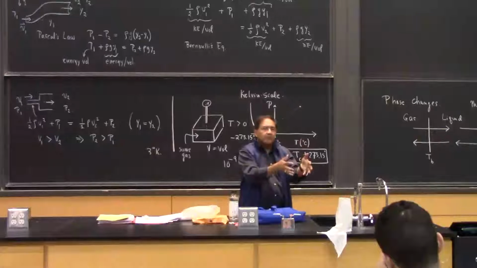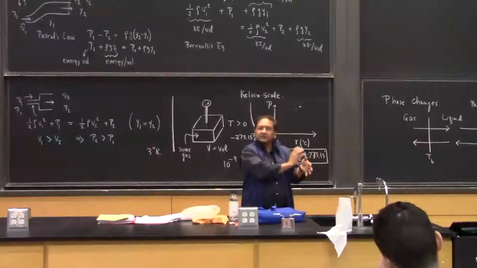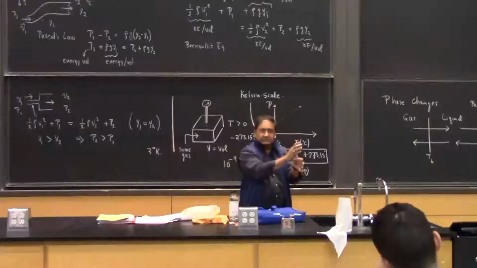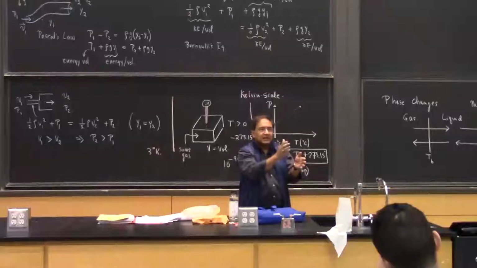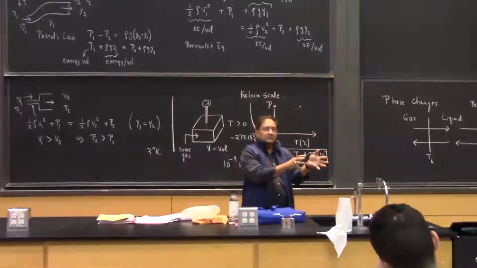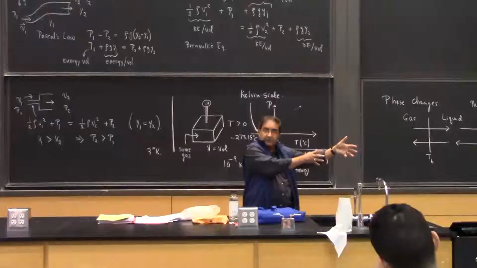But once it begins to melt, no matter how much heat you give it, its temperature doesn't change. It sits at the melting temperature, 0 degrees, until all the ice has been converted to water. And then again it starts to heat up as you give it more heat.